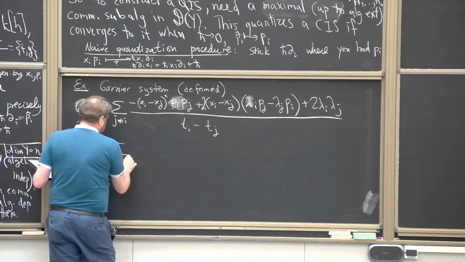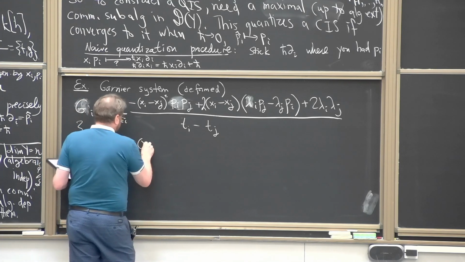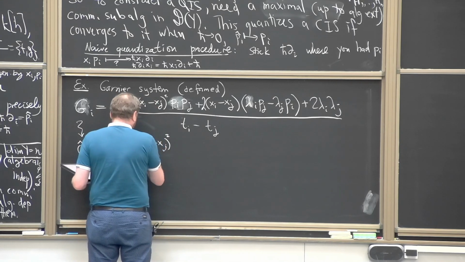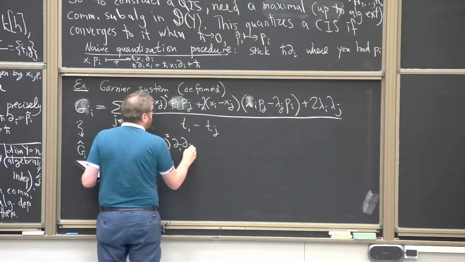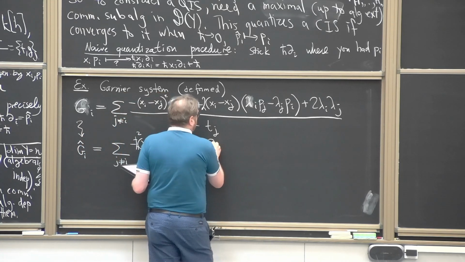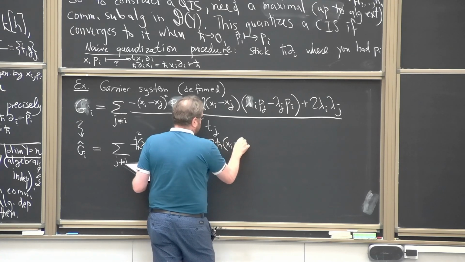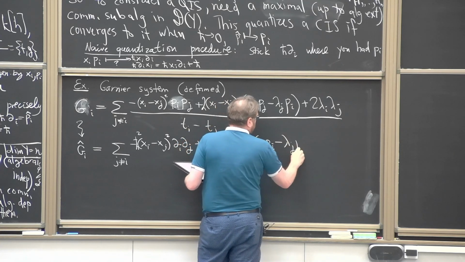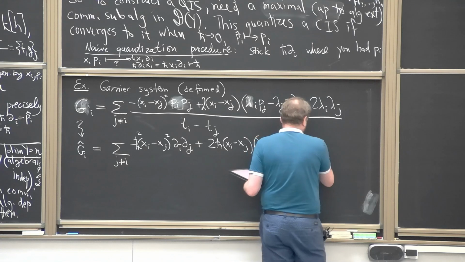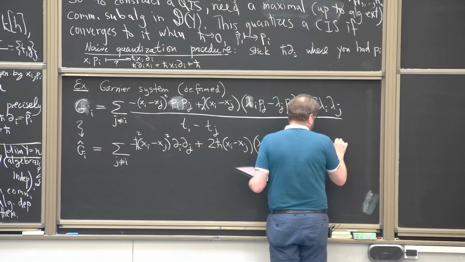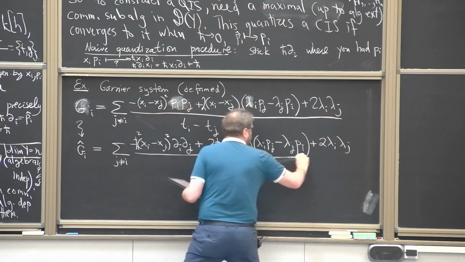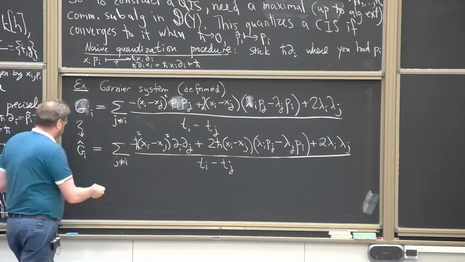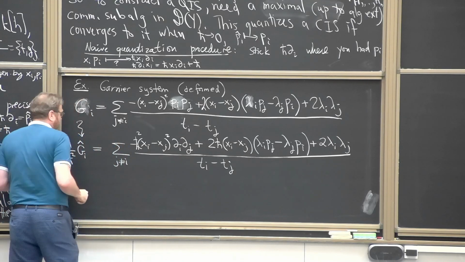times d_{x_i}. So we've got (x_i minus x_j) squared h squared d_i d_j plus twice h (x_i minus x_j)(lambda_i p_j minus lambda_j p_i) plus twice lambda_i lambda_j over t_i minus t_j. And so it's actually convenient to divide by h squared.